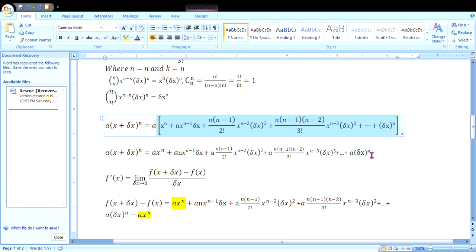Like I said, the highest power of delta s is n, and that of s is also n.